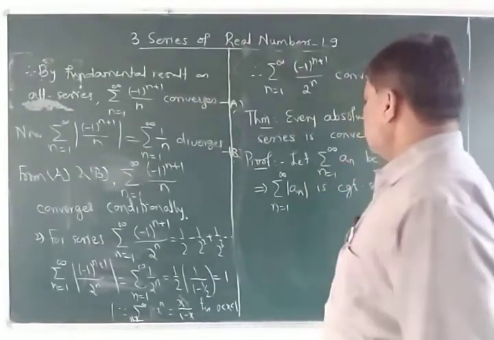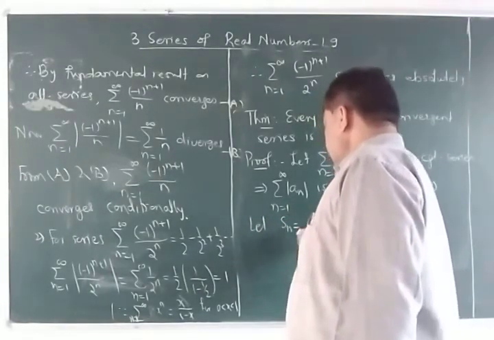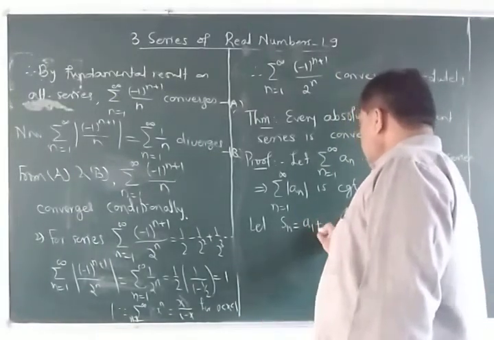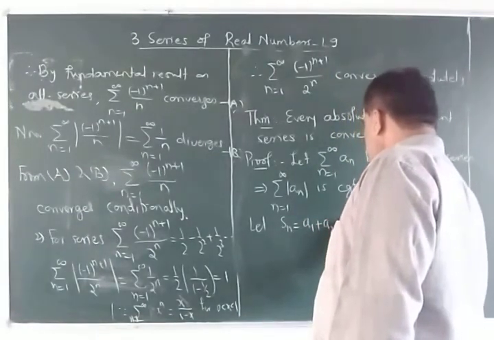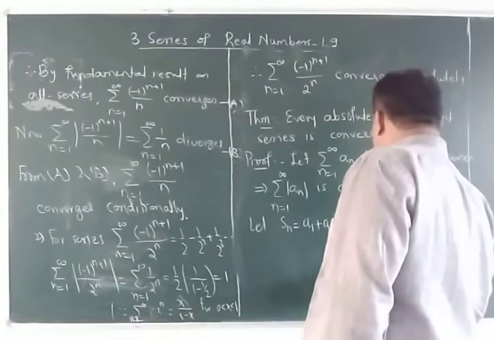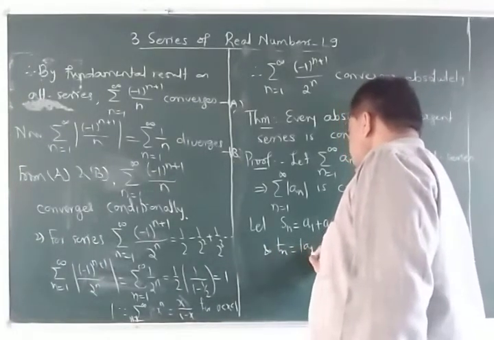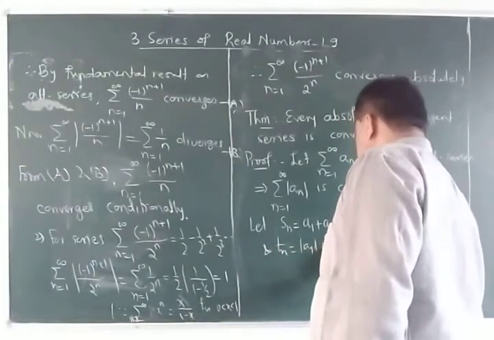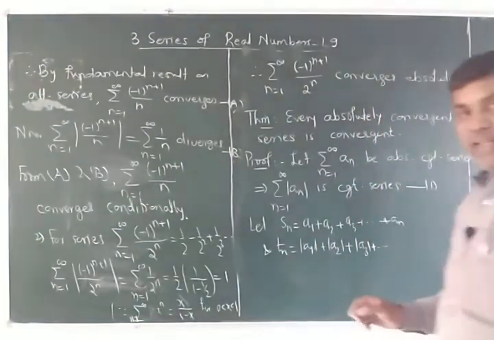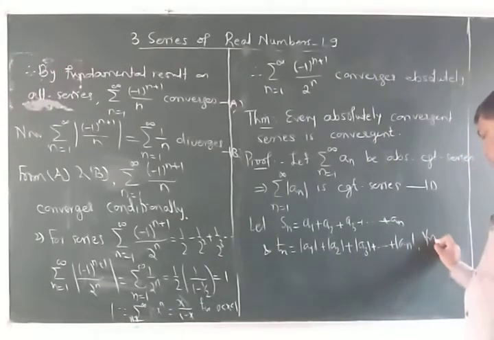Call this 1. Let S_n be equal to a1 plus a2 plus up to a_n, and T_n is equal to mod a1 plus mod a2 plus mod a3 plus up to mod a_n for every n.